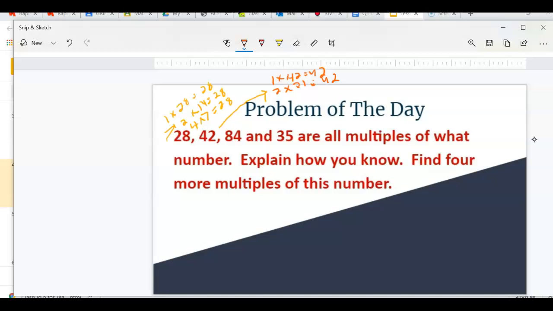Can I multiply 3 times any number to get 42? Yes, we can. 3 times 14 is 42.